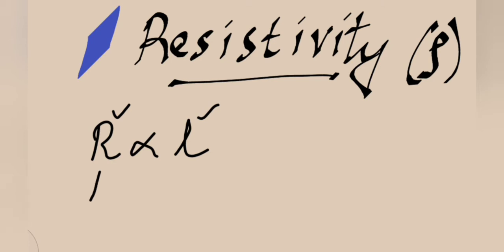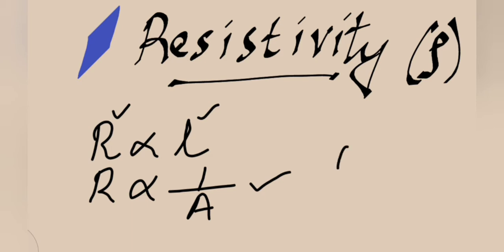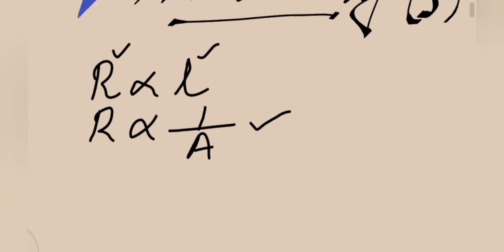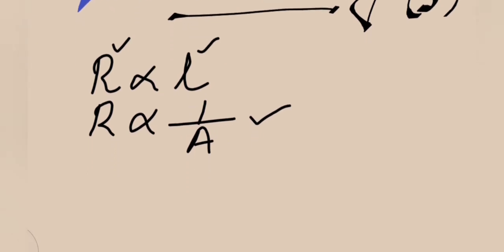Then we found that resistance is proportional to 1 upon area, or inversely proportional to area, which means if area is increasing, the resistance will be decreasing. When more area is there, more charge carriers can move easily through the conductor. These are the two relations that we have seen in the last class.